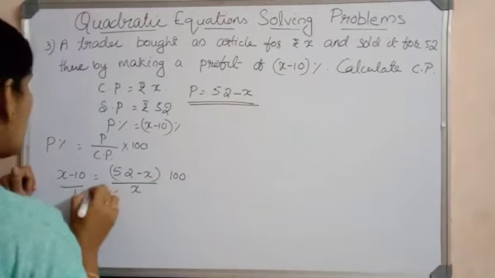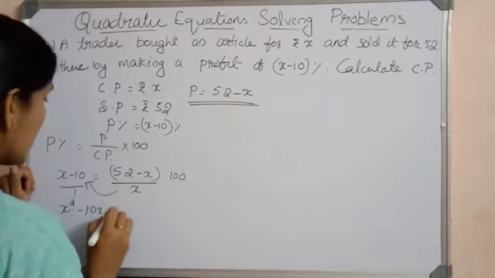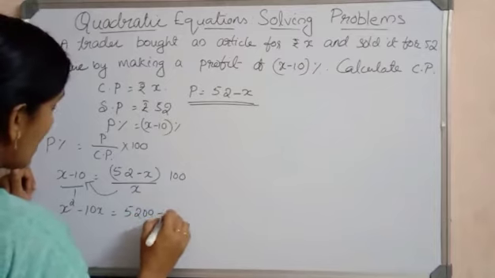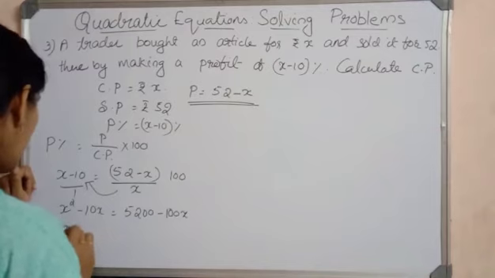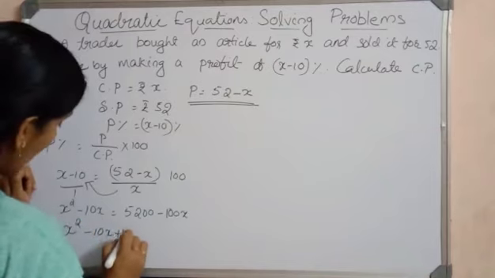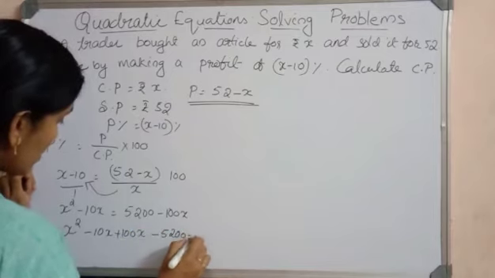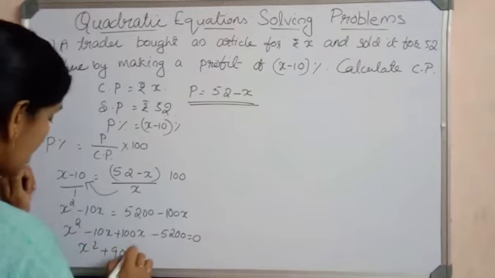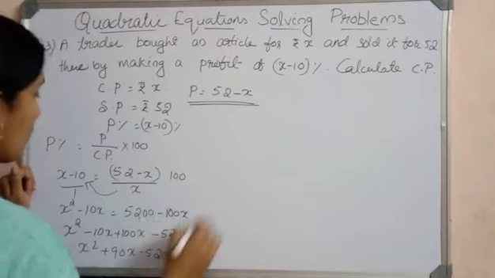Now cross multiply X to this side. We will get X square minus 10X is equal to 5200 minus 100X. Bringing all the terms to one side, X square minus 10X plus 100X minus 5200 is equal to 0, or X square plus 90X minus 5200 is equal to 0.